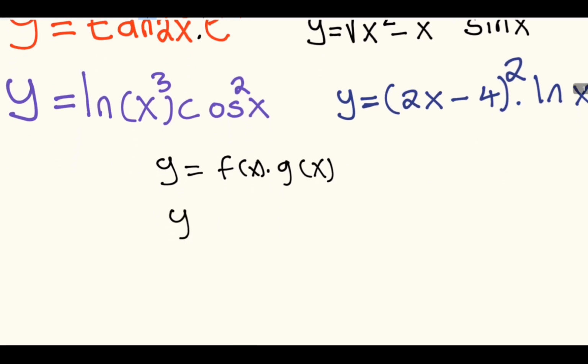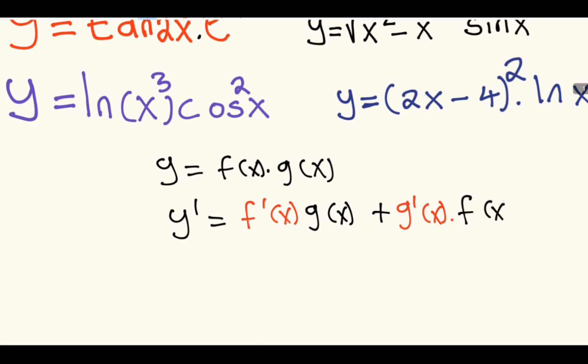The derivative of y will be equal to the derivative of f of x multiplied by the original function g of x, plus the derivative of the function g of x multiplied by the original function f of x.